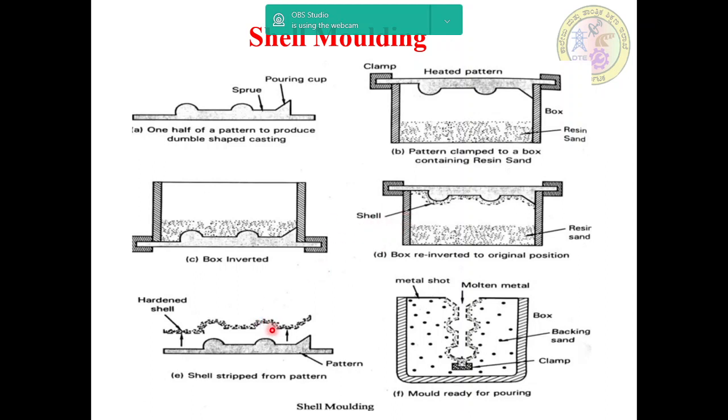Okay, and then the shell is ejected out of the pattern. Similarly, another half you have to prepare. Finally, the two halves you have to join together with glue or clamp.